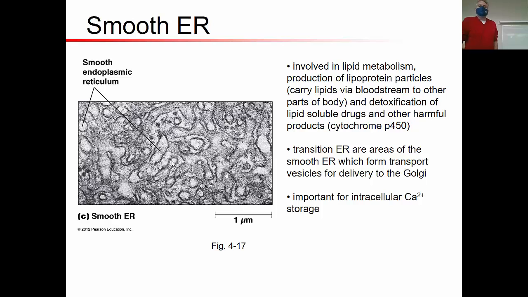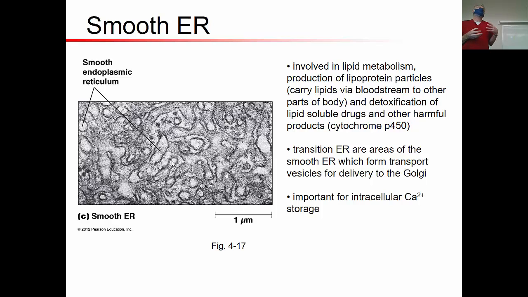The smooth ER, in contrast, this is important for our lipid metabolism, our storage of calcium. It's also an important step in the detoxification of many drugs. So drugs are generally designed to be hydrophobic. This allows them to move into cells.